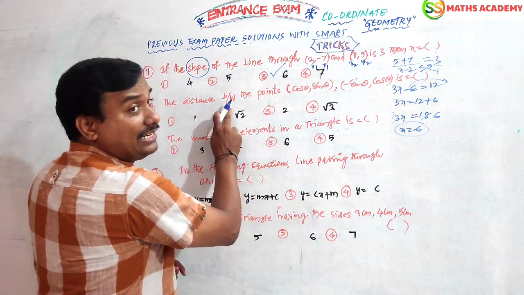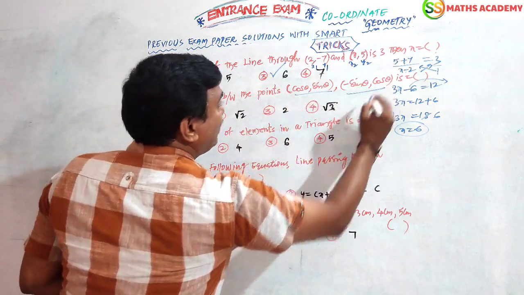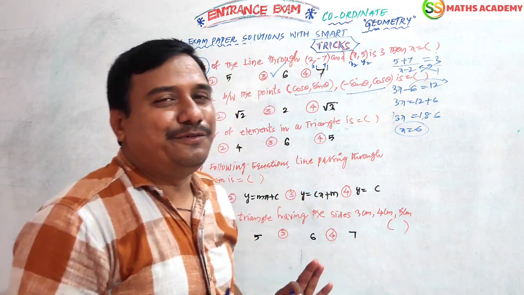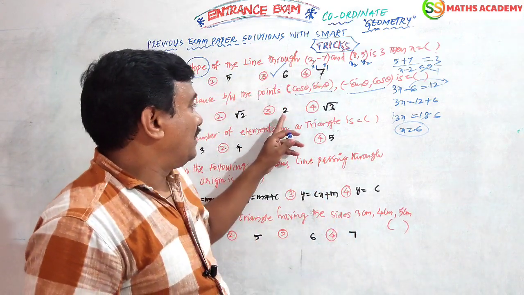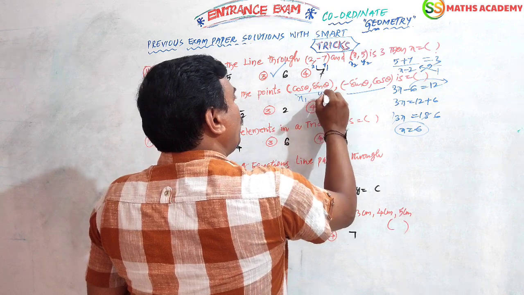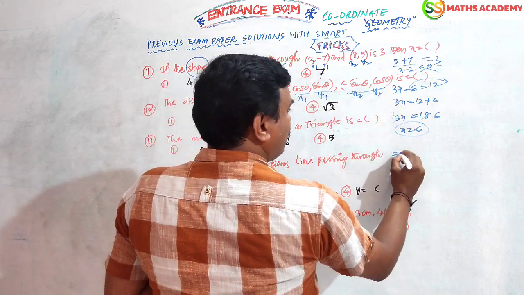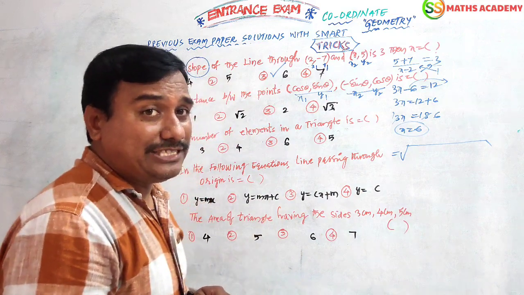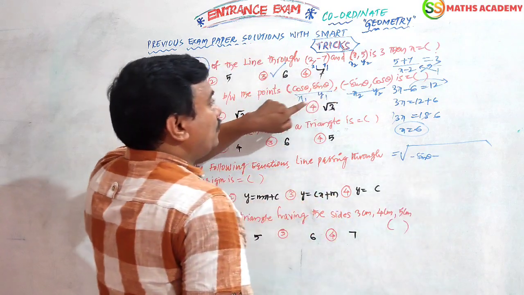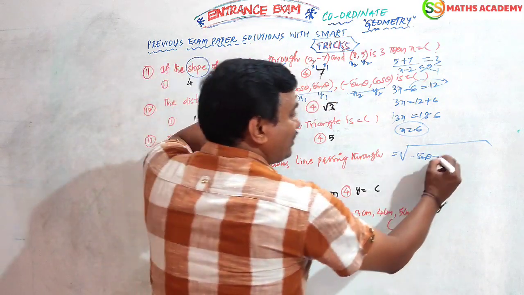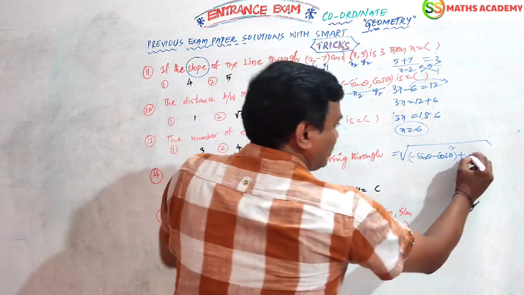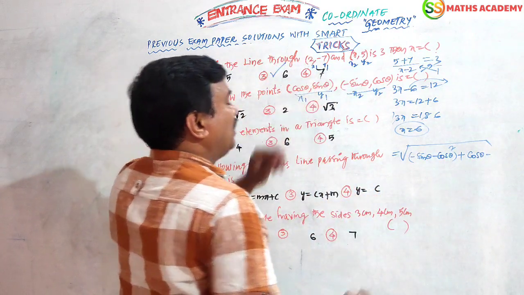If the distance between the points (cos theta, sin theta) and (minus sin theta, cos theta), like these questions are coming in the exam, a very beautiful, interesting answer will come. Root 2 is the answer. Okay, let us see. x1, y1, x2, y2. What is the formula? Distance means (x2 minus x1) whole square plus (y2 minus y1) whole square. So x2 minus sin theta, minus x1 minus cos theta, whole square, plus y2 cos theta minus y1 sin theta.